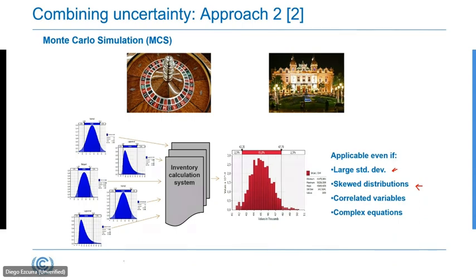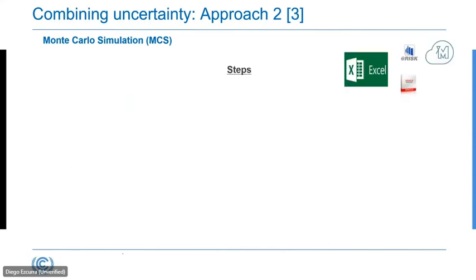So it's not realistic to define all the input parameters as probability density functions, and that's why once again I will tell you the importance of the sensitivity analysis to identify the key parameters that we should include in the simulation. So what are the main steps for implementing a Monte Carlo simulation?